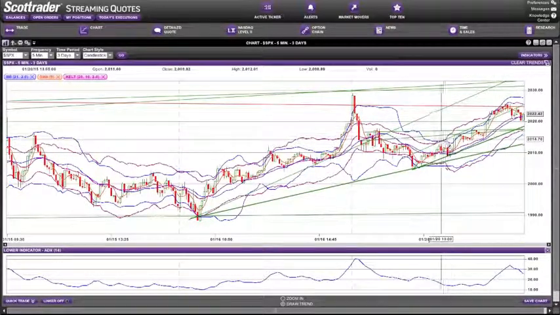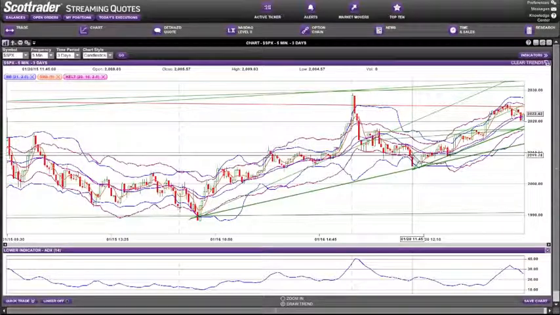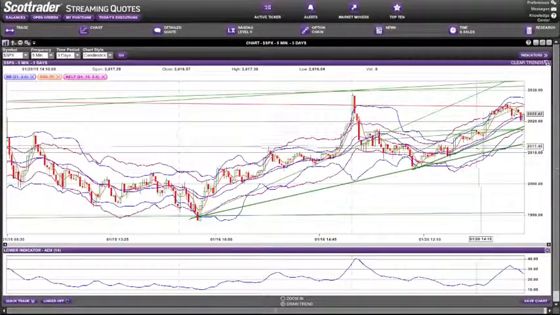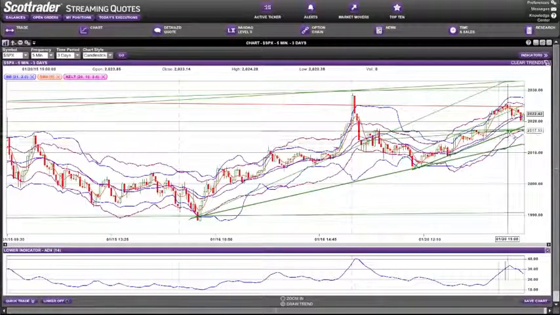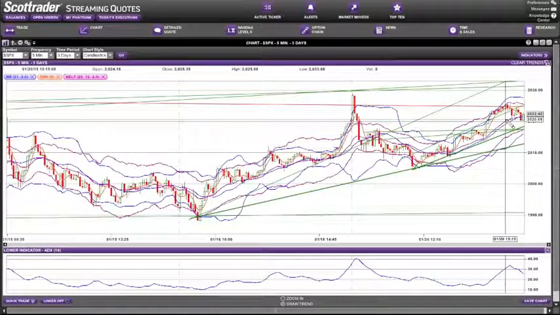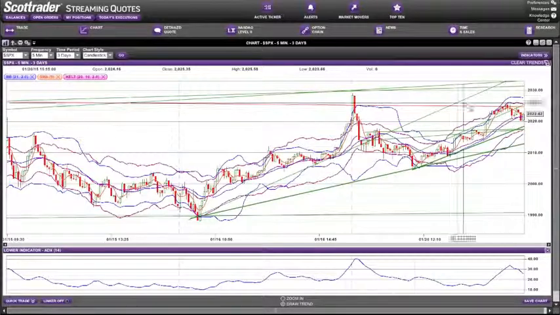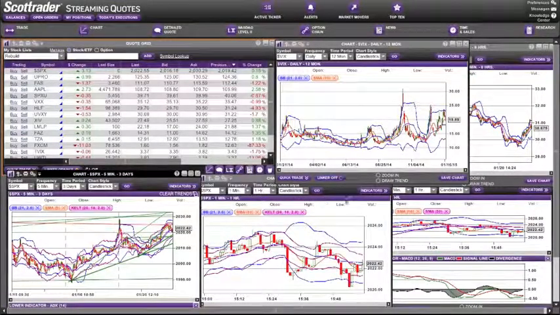So you can see there's a little bit of a channel created here. If I get the symmetry a little more correct, starting point of my resistance line on the top resistance line of the channel. So yeah, so price action for tomorrow, just gonna leave that there for now.